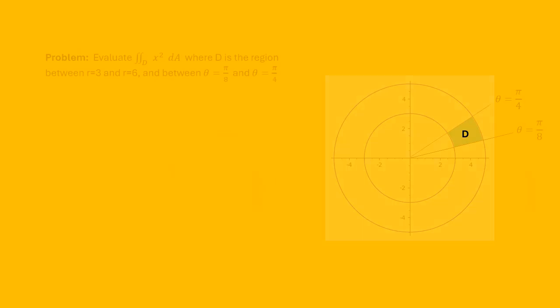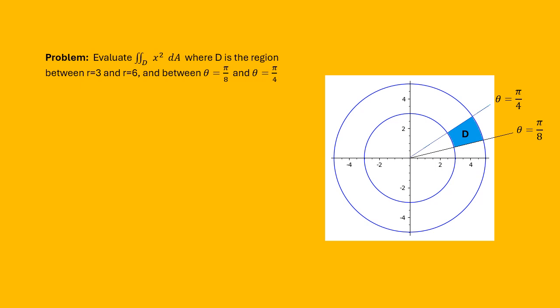So let's consider a problem involving integration using polar coordinates. Let's evaluate the double integral over a region D of x squared dA, where D is the region shown over here on our graph.